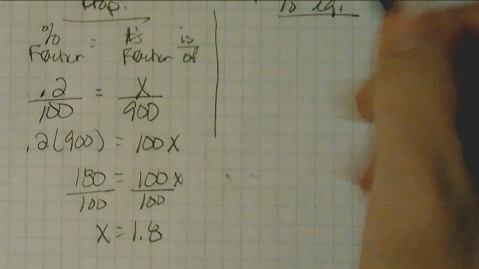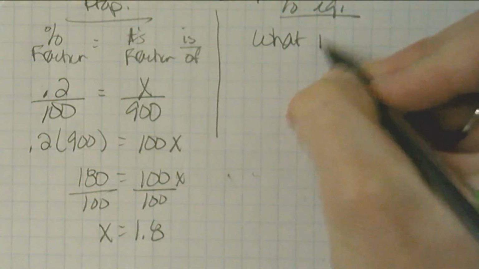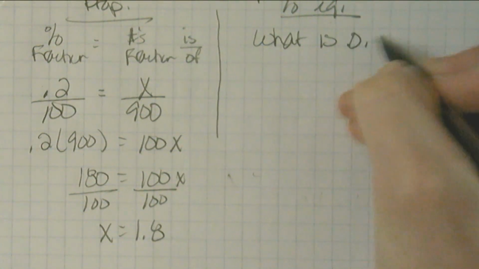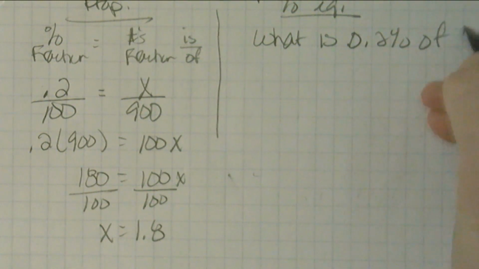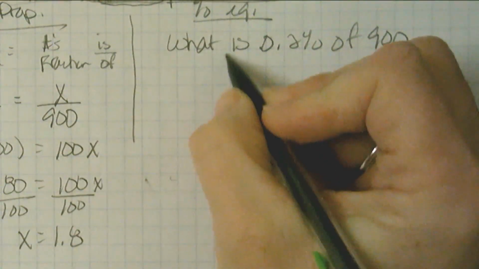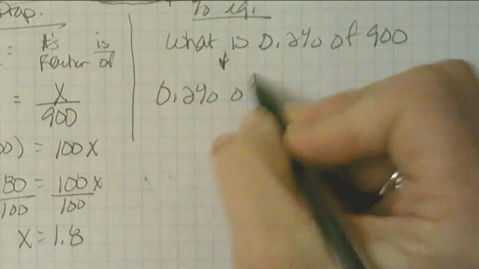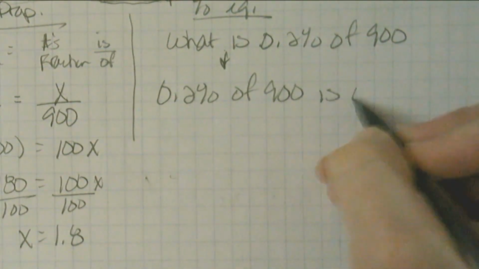Somebody write my percent equation. I'm just going to rewrite this. What is 0.2% of 900? Somebody write this out for me. I prefer that we write it in the proper format. So I'm going to do 0.2% of 900 is what number?